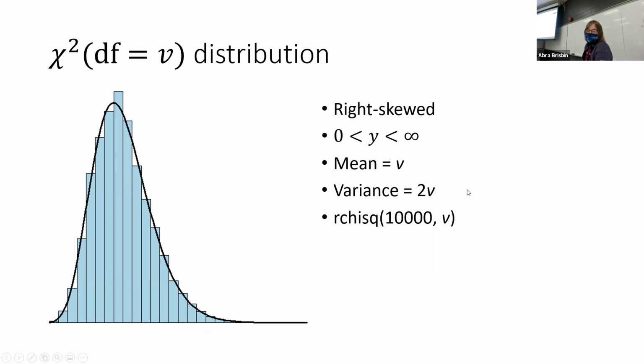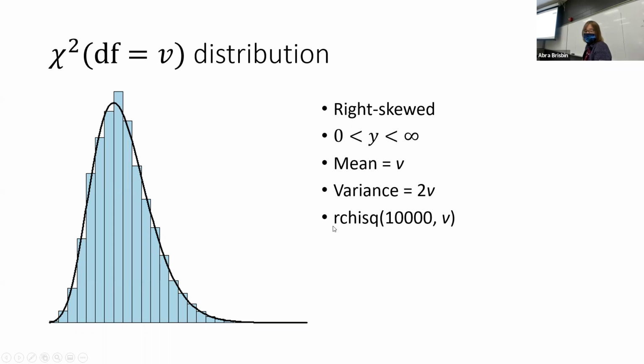And so here you can see the R code to work with a chi-squared distribution function, which you've already worked with. It's whatever the prefix letter is that you're interested in, and then chisq for chi-squared.